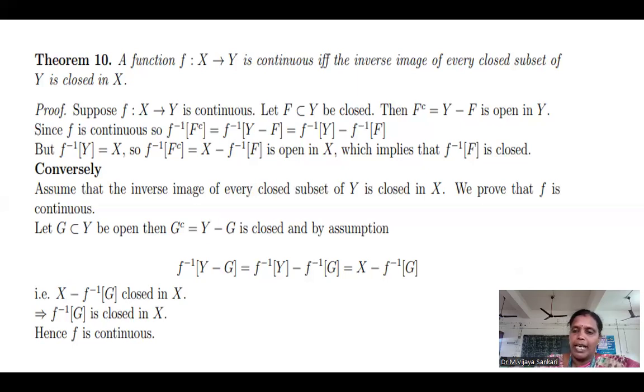Here we take G to be an open set, a subset of Y, then G complement is closed. f inverse of Y minus G equals X minus f inverse of G. That is, X minus f inverse of G is closed in X, hence f inverse of G is open in X. So for G an open set in Y, its inverse image f inverse of G is open in X. Therefore, the function f is continuous. It satisfies the continuity definition.